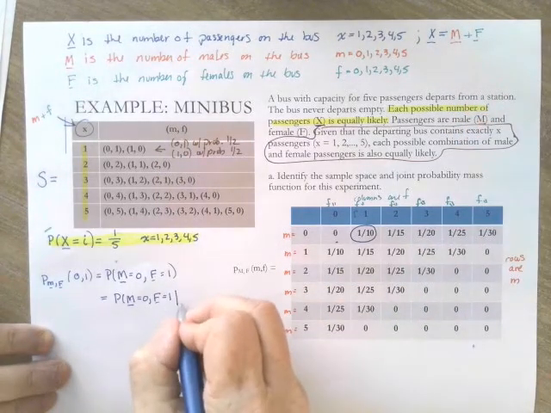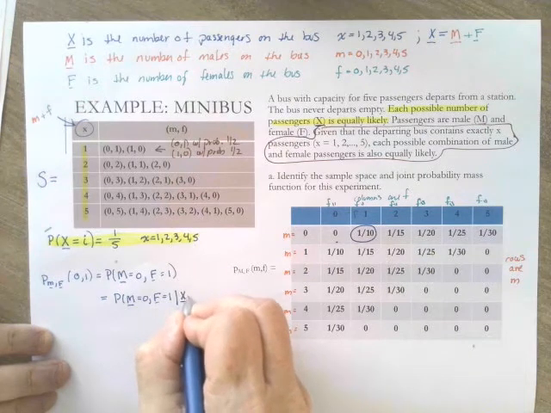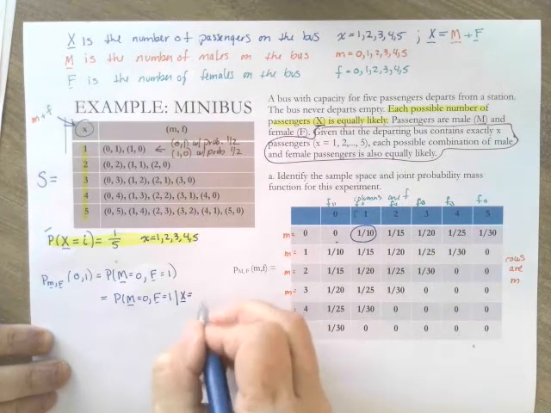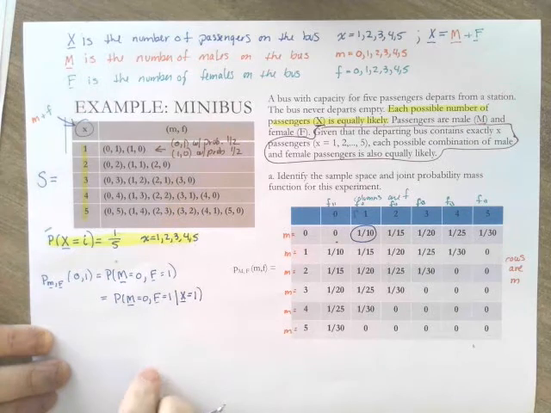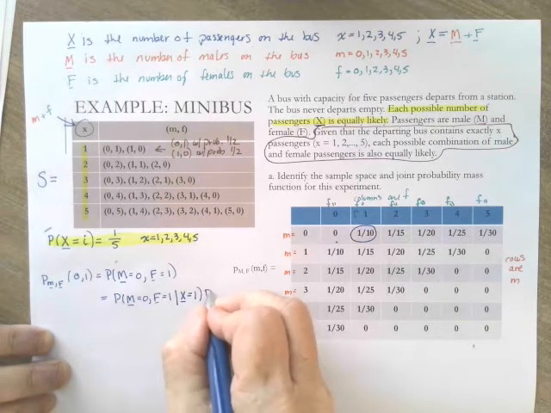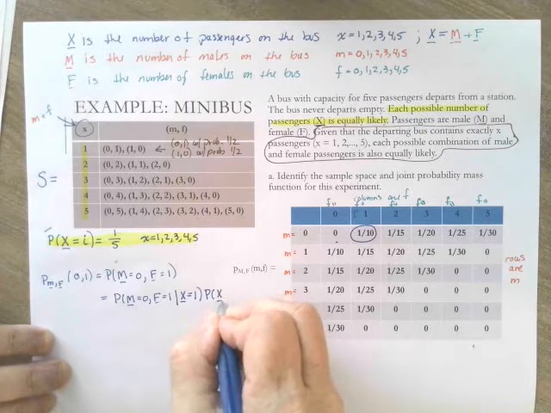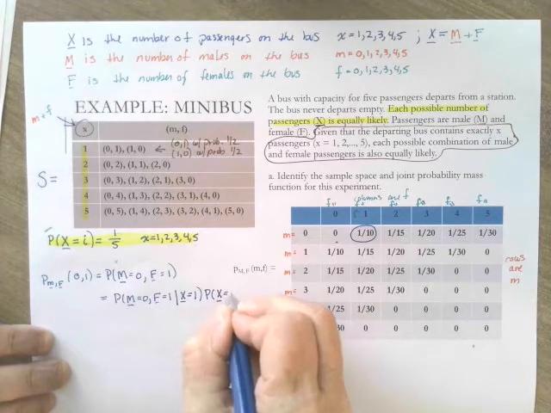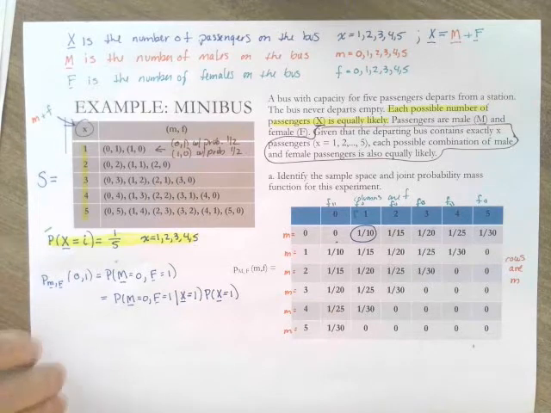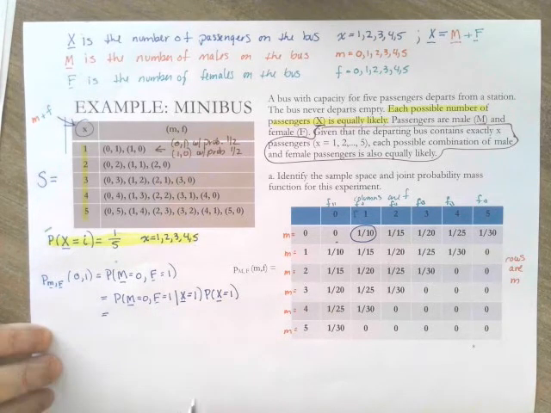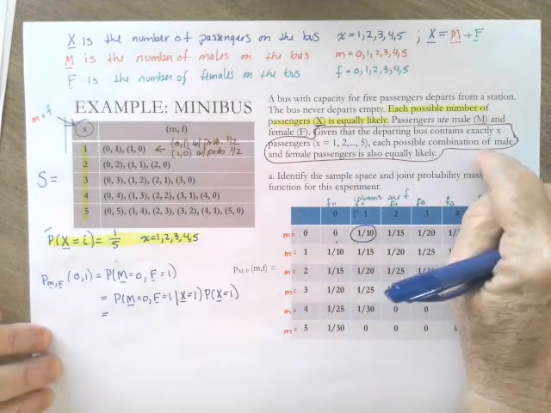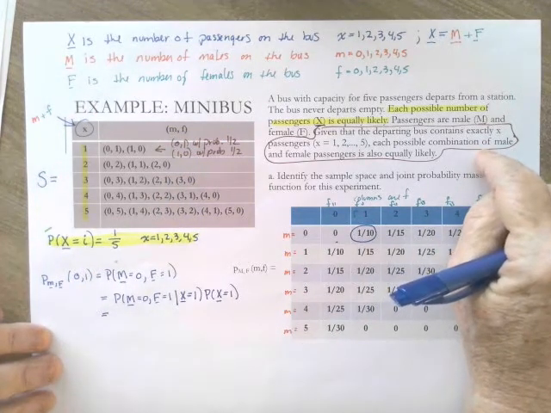So I'm just going to say, given that x is equal to 1, and now to get this conditional part out, we're going to multiply that by the probability that the number of people on the bus is equal to 1. And so that will give me the value that I want, right? And that was why I spent some time with the yellow highlight and also with the brown highlight.